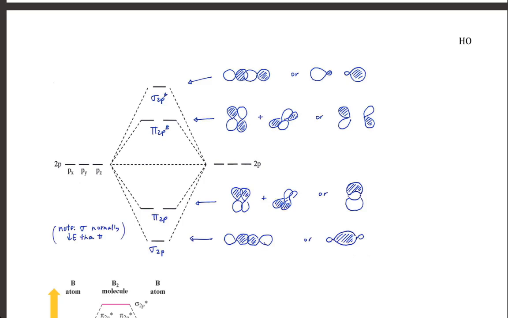So depending on if they're favorably interacting, we get pi 2p, two of them, or unfavorably, we get pi 2p star. And the hand-drawn pictures on the right are showing you those favorable or unfavorable. In this hand-drawn picture, instead of putting pluses and minuses, we have the dashed or the not dashed lobes.